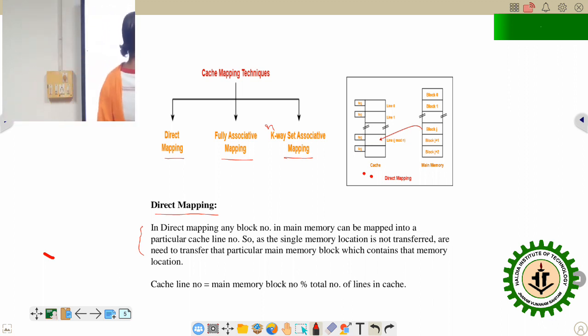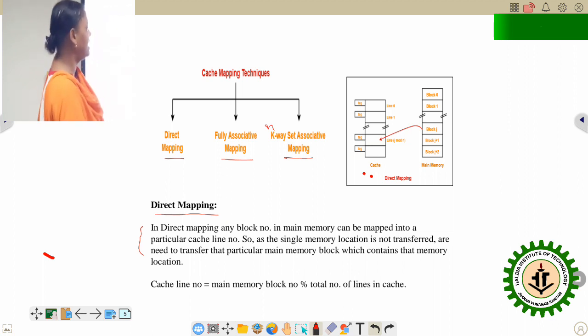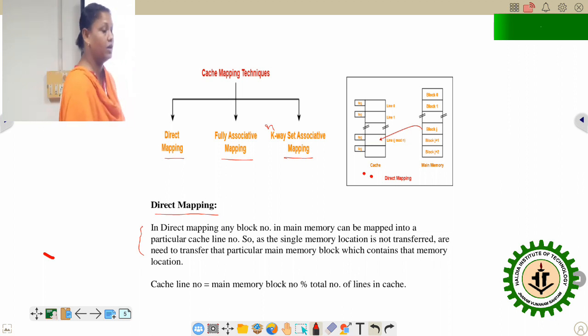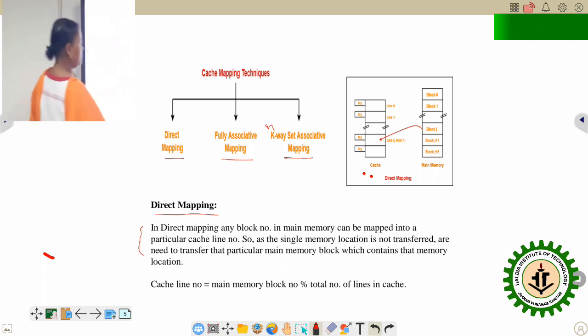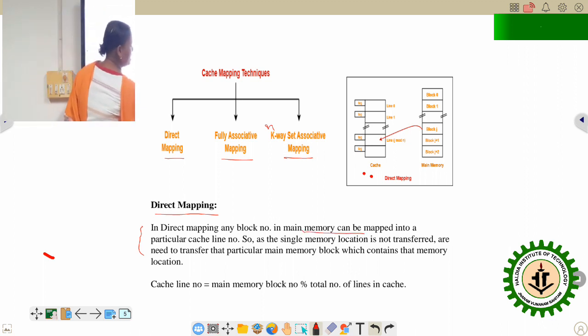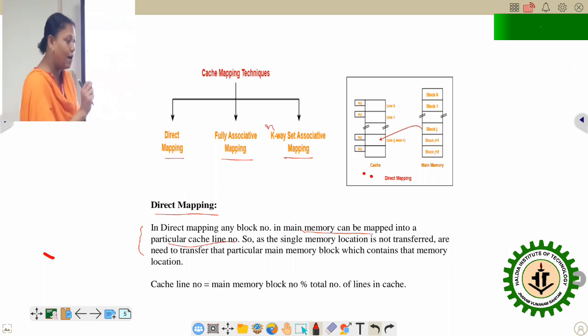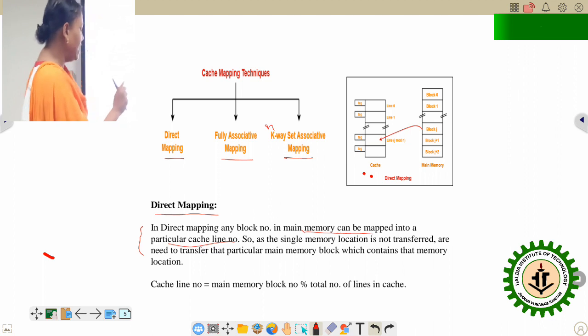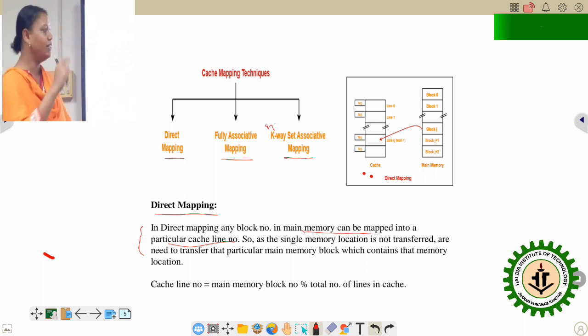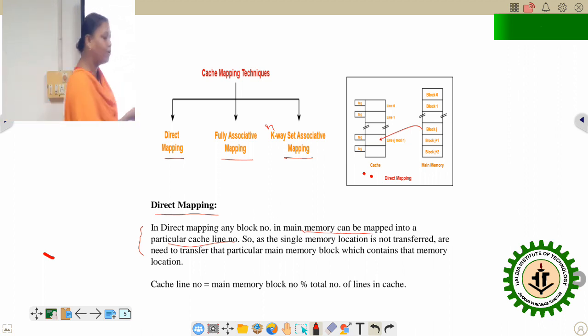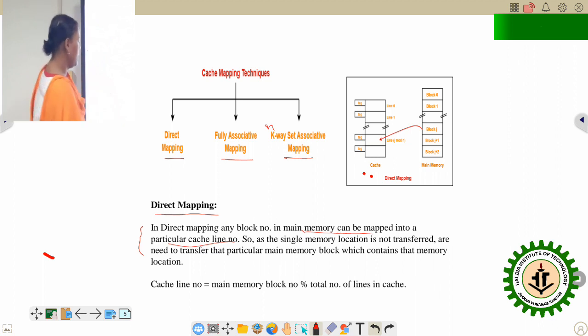Suppose during execution, block J is required for execution. Now from block J, where is it transferred? As per definition, a main memory block can be mapped into a particular cache line. That is, a particular line number is fixed for that particular block. Now how do we fix that particular line?